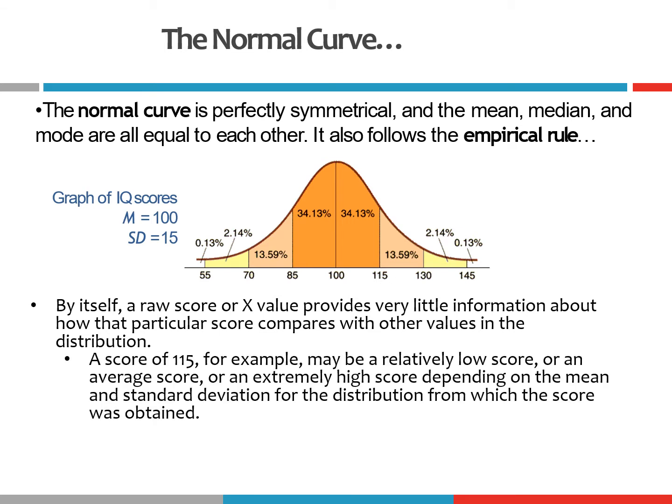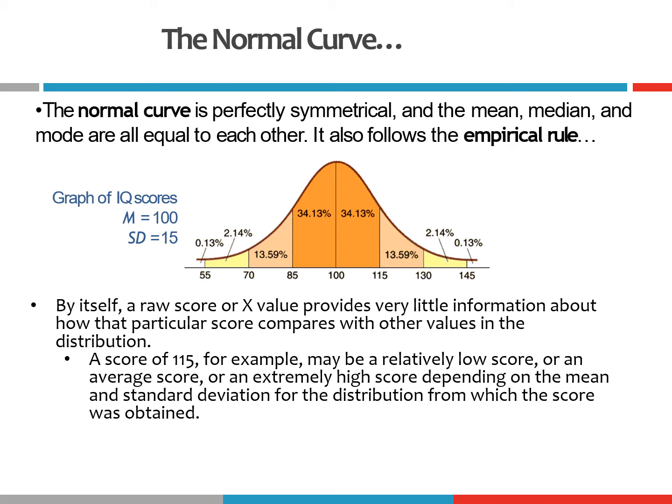For example, a score of 115 might be a relatively low score, or an average score, or an extremely high score, depending on the mean and standard deviation for the distribution that the score was obtained from.